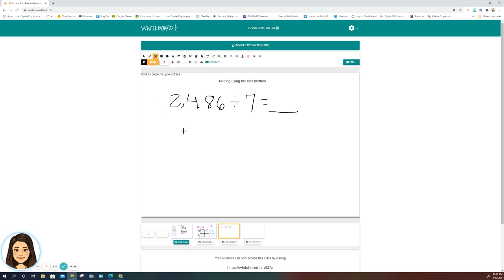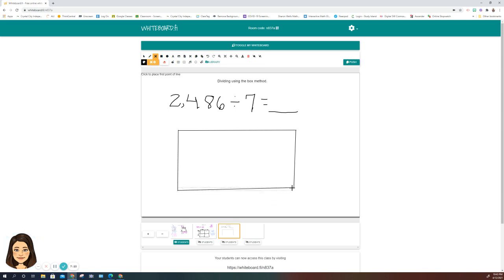All right, so let's see if I can draw this. So we're going to use the box method. So here's one line. So you're going to draw a box. And it is going to have 4 sections.